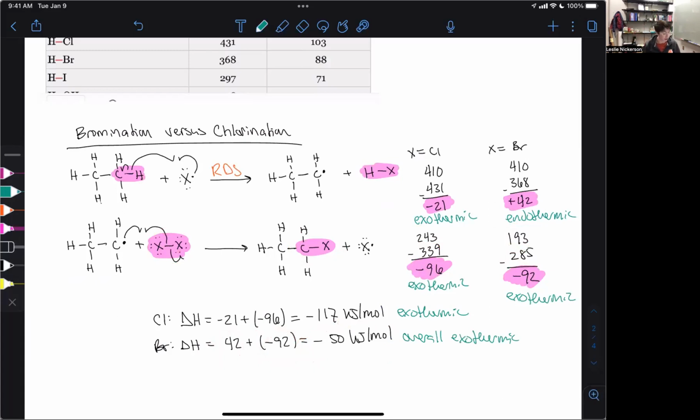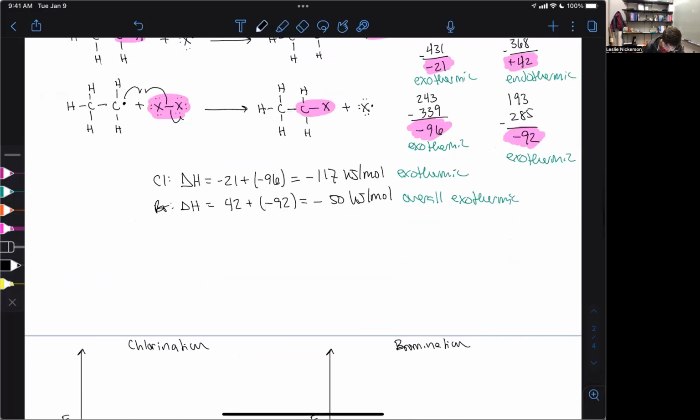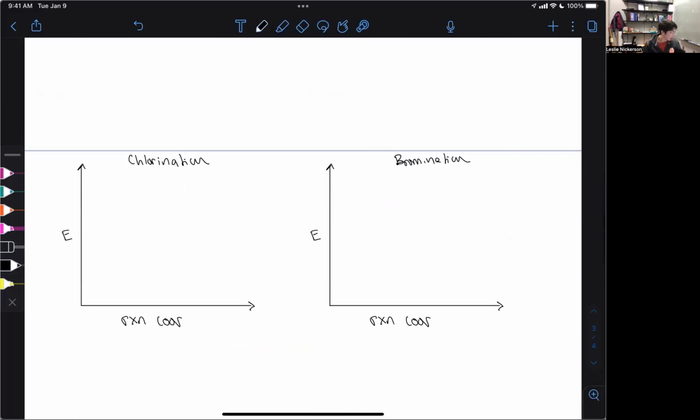So if we look at the reaction coordinate diagrams of this, so if we look at chlorination, we start off with something where we're definitely starting off higher in energy. We've got our chlorine radical, and all of that is just pretty high in energy based on our data.